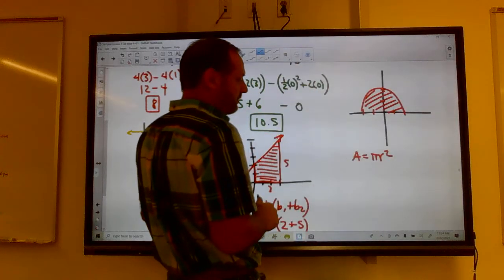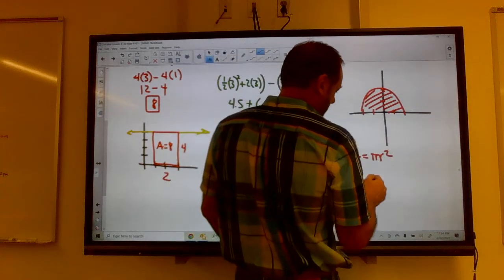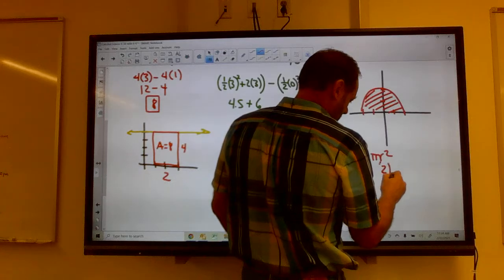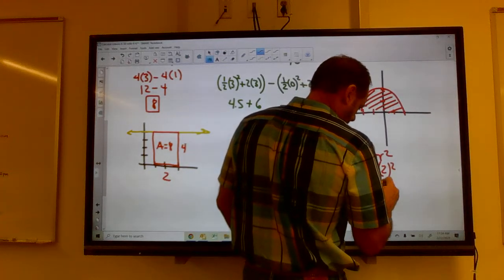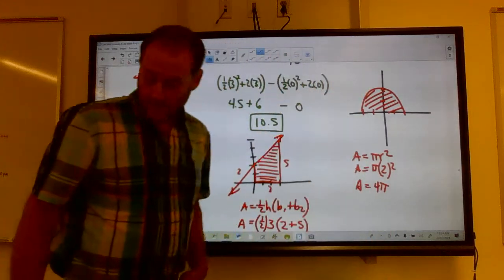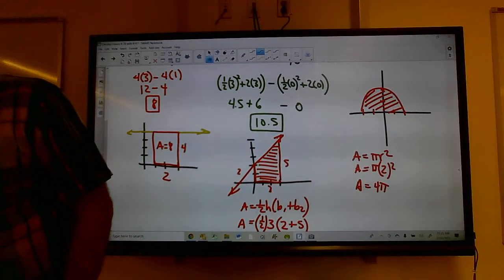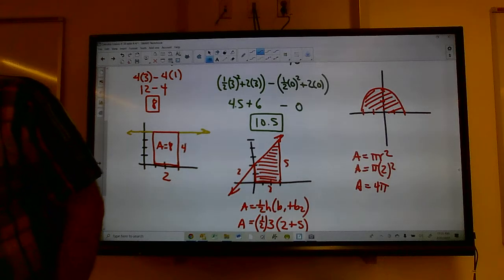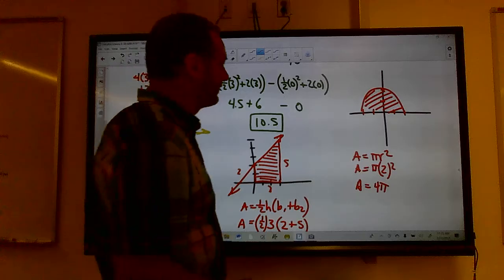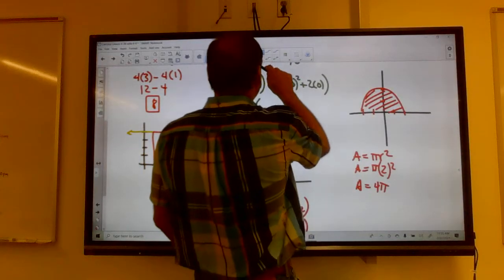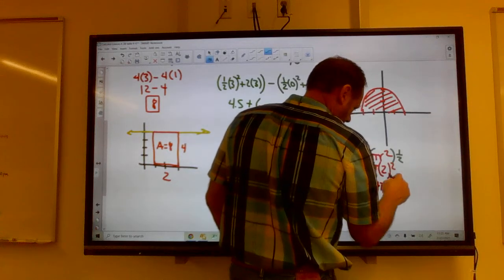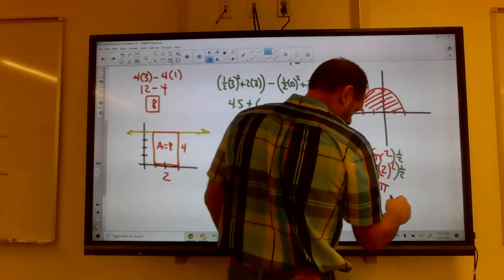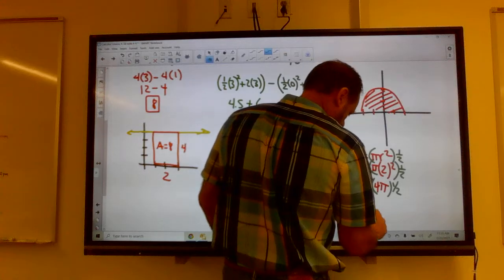Remember, a circle is area pi r squared, and so I just plug in 2. And area is going to be 4 pi. Okay, so we'll get a technique for integrating that just a little bit later. Oh wait, I forgot to take half of that because it's a semicircle. Sorry about that. So we need to take half of all that. So the area is actually going to be 2 pi.